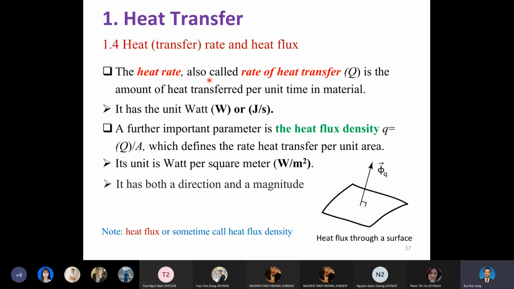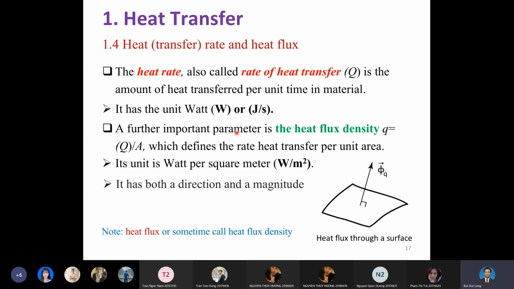Heat rate we call the rate of heat transfer, denoted Q. The rate of heat transfer is the amount of heat transferred per unit time in a material. Its unit is watts, or joules per second.